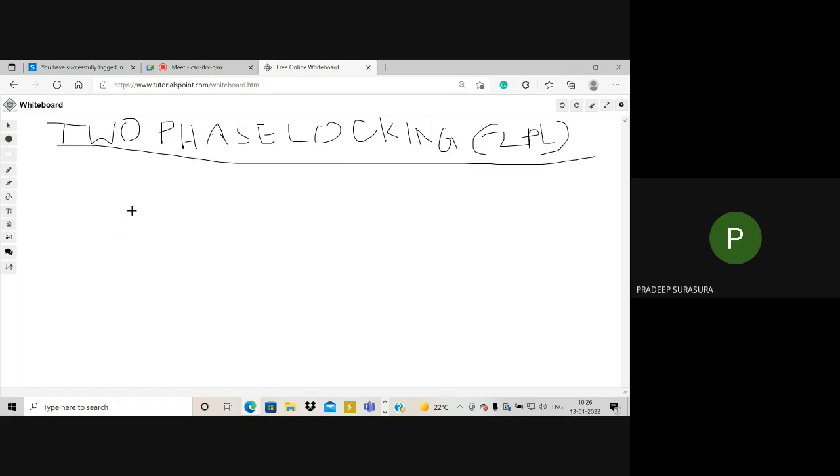Now, one textbook says, please understand the importance of locks, the importance of read lock and write lock. A read lock can also be called a shared lock, and an exclusive lock is a write lock. A read lock can be applied by multiple processes or transactions simultaneously.